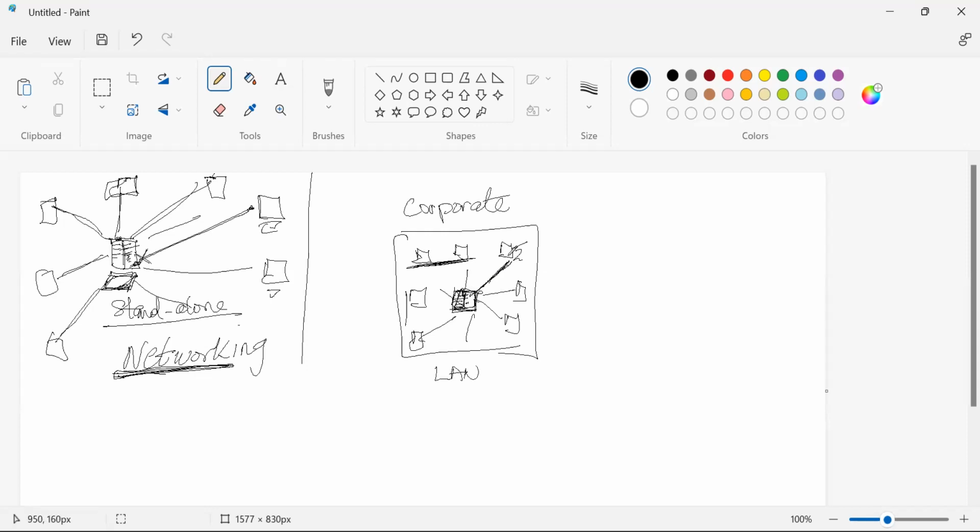We just sit here and are able to access the list of customers and all of their attributes, for example, how much they have, depending on the level of access. But the point I'm making is this resource is now shared or shareable amongst all of these computers within the same building. That is called a corporate network.